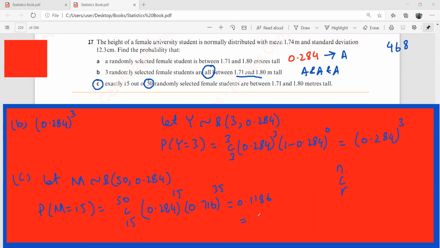So that is going to be 0.119, correct to three significant figures. This is the probability for 15 people out of 50 to have their height within this range. Next, we have to go on to question number 16.